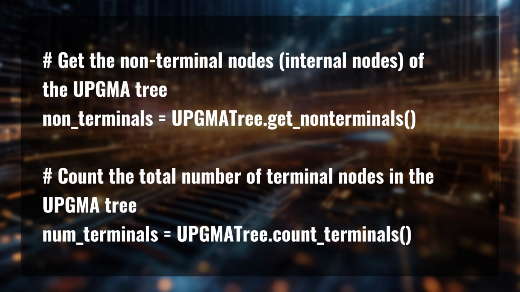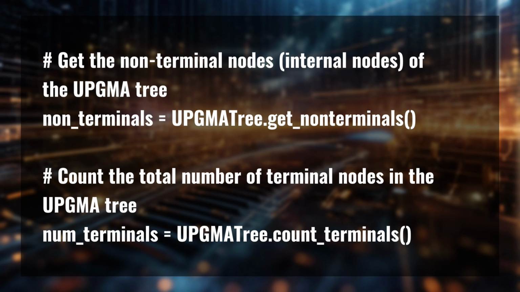Get underscore non-terminals is a function which automatically will give you the non-terminal nodes. This section of the code retrieves the non-terminal nodes, the internal nodes of the UPGMA tree. I'll again repeat it for you: the non-terminal nodes represent common ancestors of sequences in the tree.